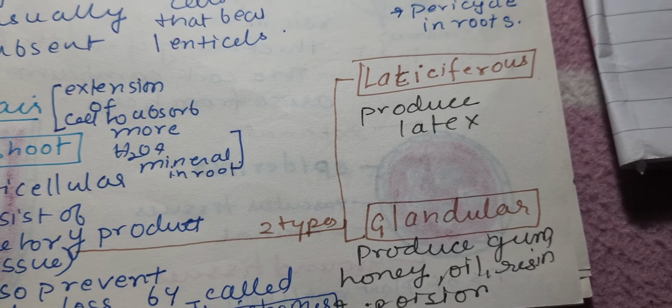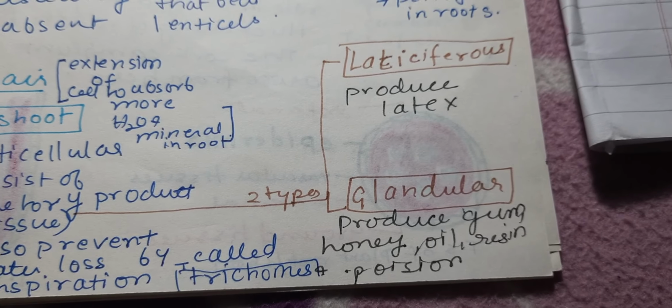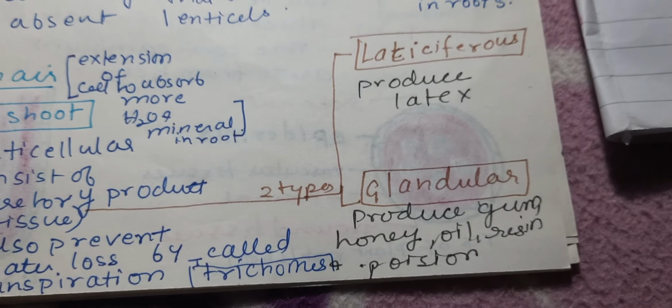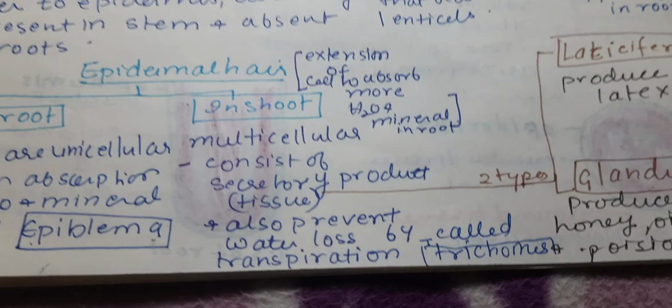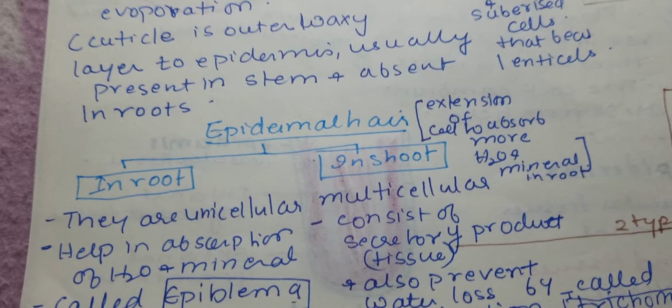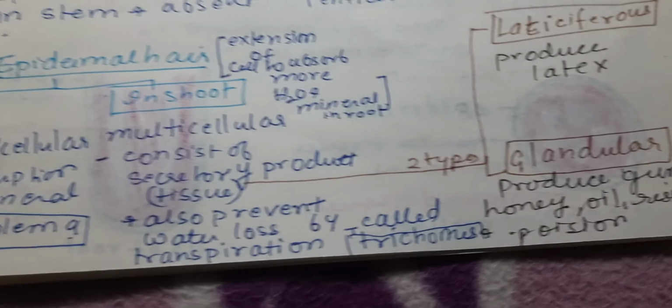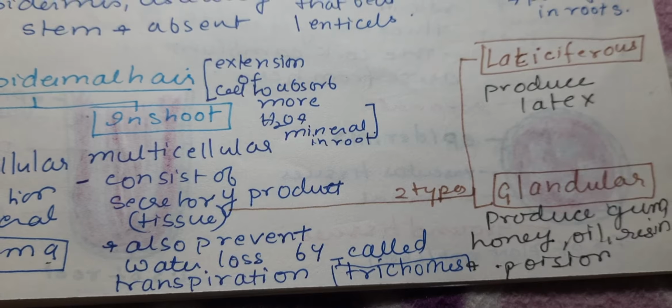Lacticiferous hairs produce latex, a secretory product, and glandular hairs produce honey, oil, resin, poison, etc. In root, the epidermal hairs are called root hairs and the epidermis is called epiblema, whereas in shoot the hairs are known as trichomes.